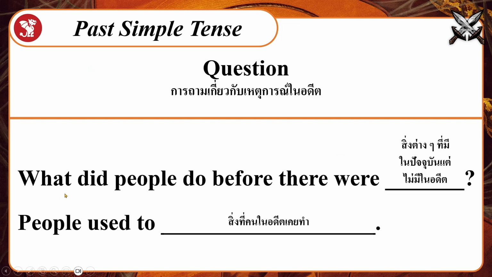This is the structure that we use in this lesson. What did people do before there were, followed by the thing that we have in the present, because we just want to know what people did before there was this thing. And when we answer, we use people used to, and the thing that people did in the past.